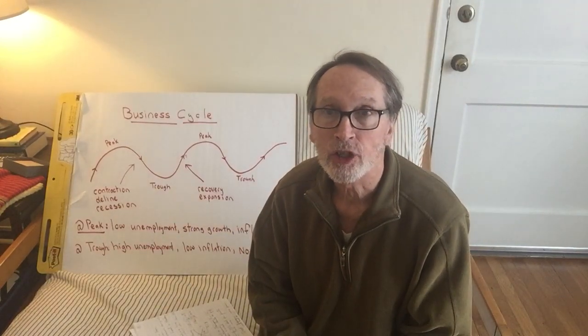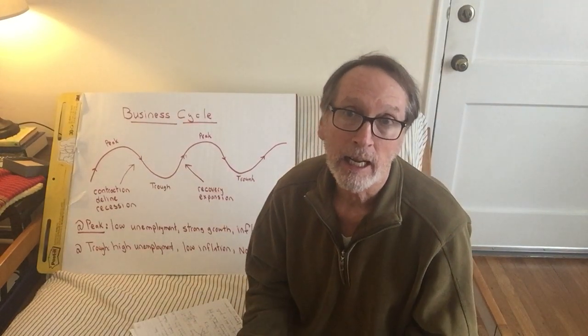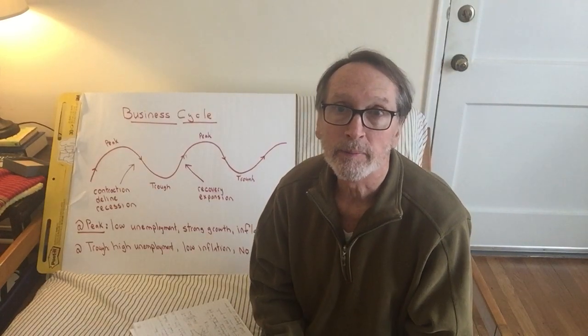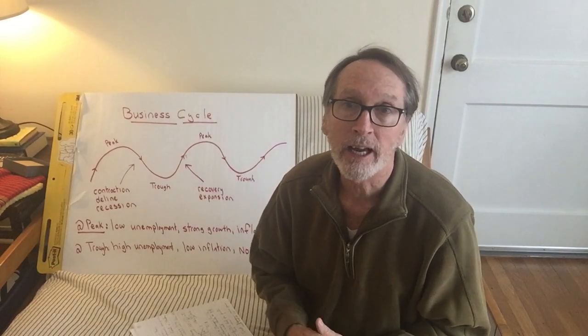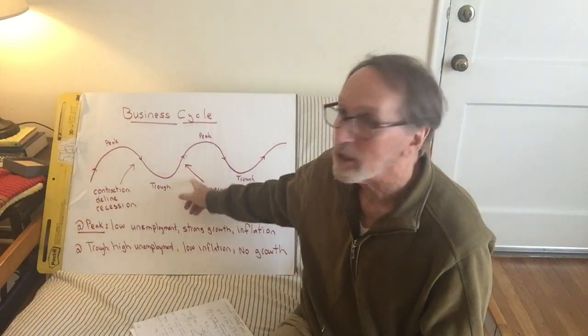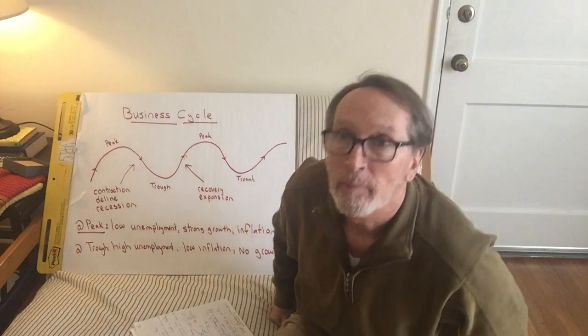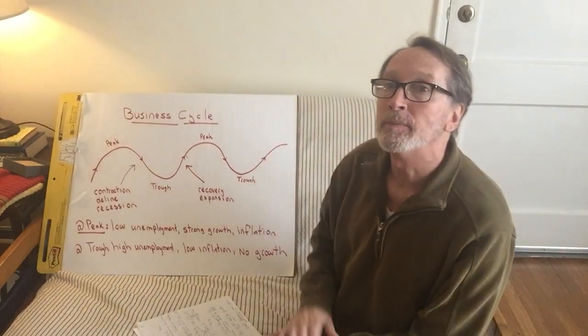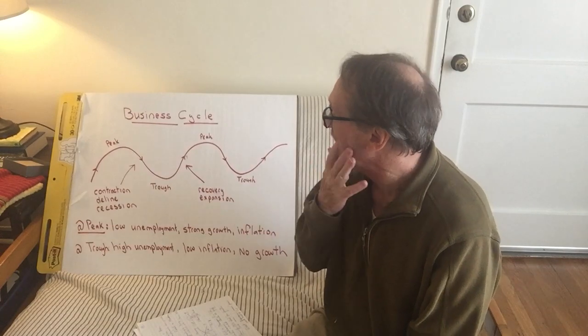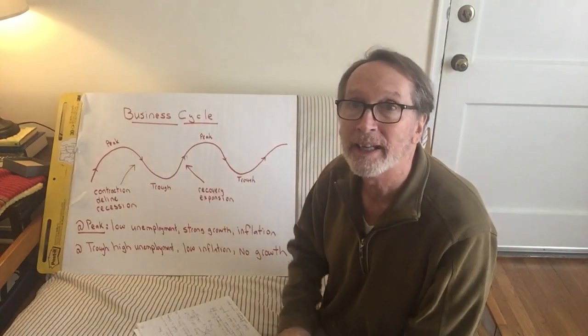How the government can change their spending and their taxing practices to impact the economy, right? So a good place to start is with our business cycle chart. Remember that the economy goes up and down.